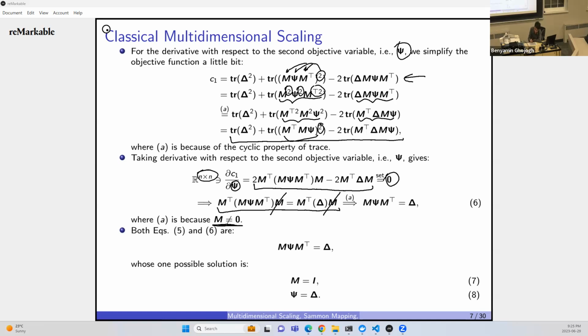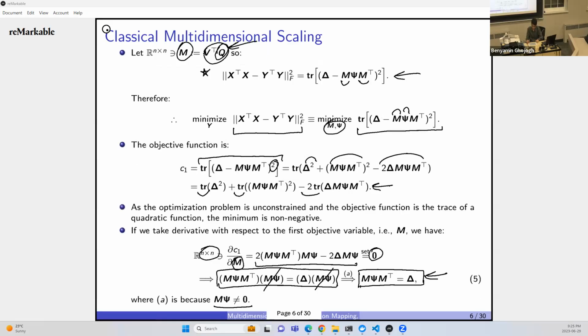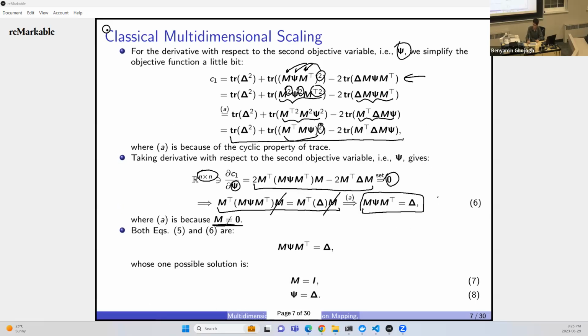And it is not 0, so I can simplify it. It gives me this. Interestingly, setting the derivative of the cost with respect to both of the optimization variables gives me the same solution. Equation 5 is the same as equation 6. Okay, so this is a solution basically. Delta is M psi M transpose.